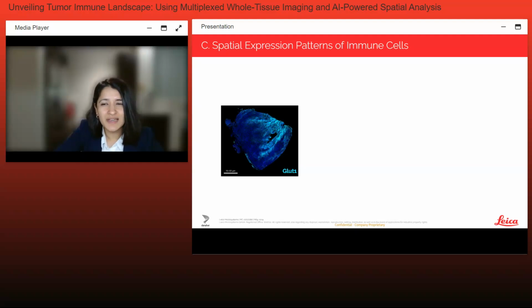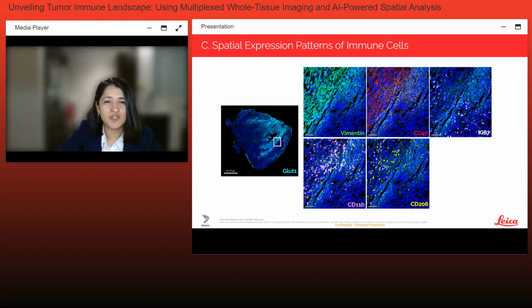What we see, based on the insights from the clustering, as well as images that we see here comparing GLUT1 positive and negative regions, is that GLUT1-rich regions seem to be enriched in specific cell types or immune cell types.